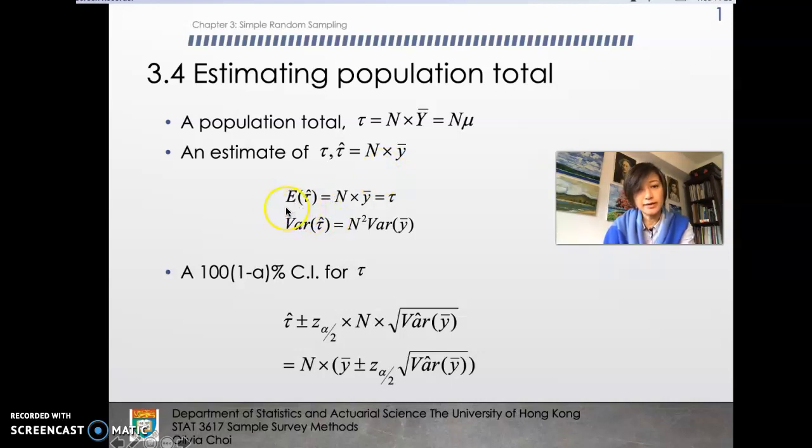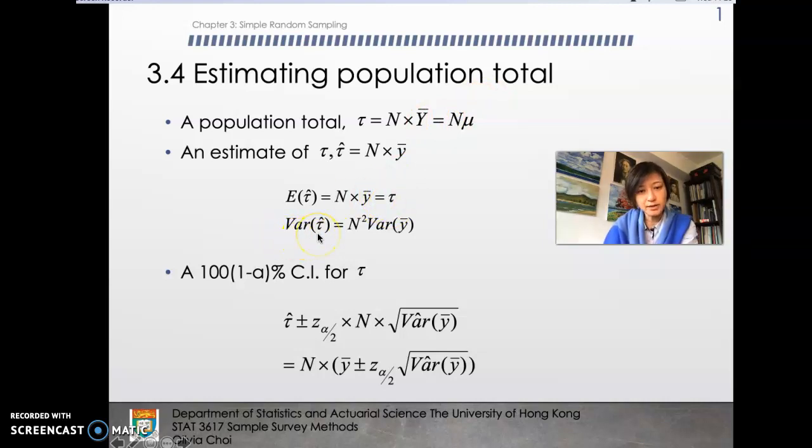Okay, so the expected value of tau hat equals the expected value of N times y bar. N is a constant, so it's still N. The expected value of y bar is indeed mu, so this is an unbiased estimator of tau.